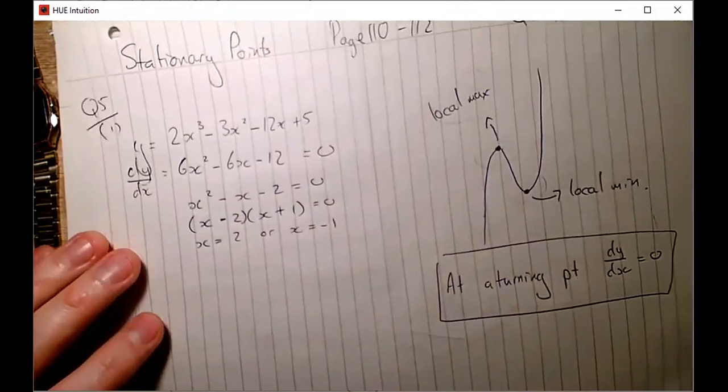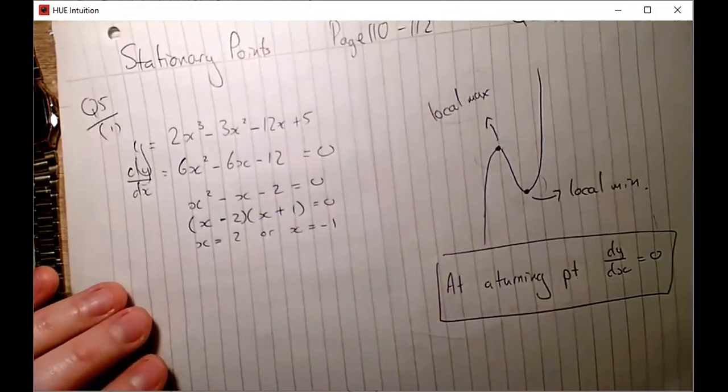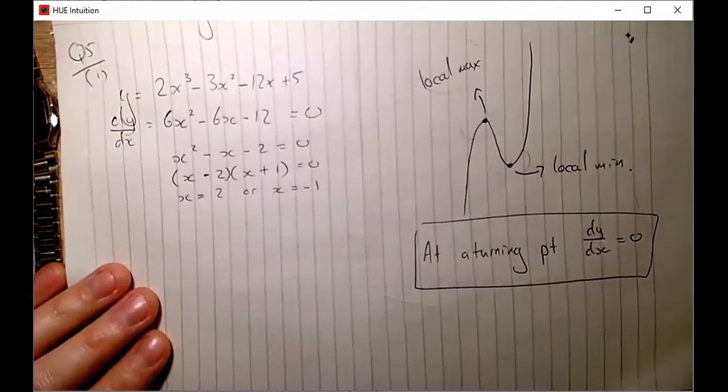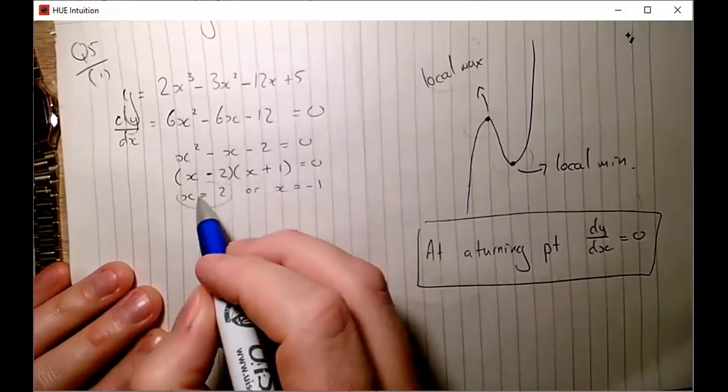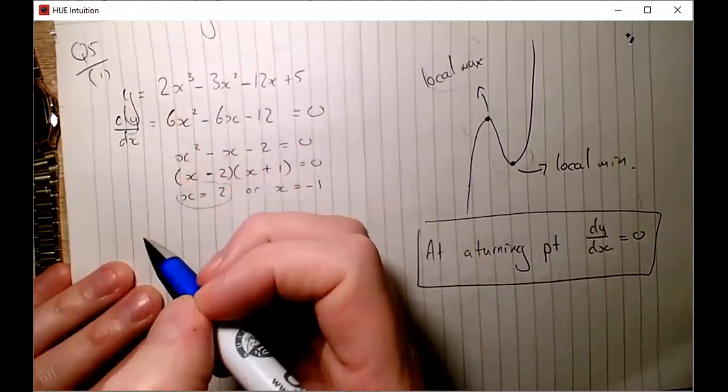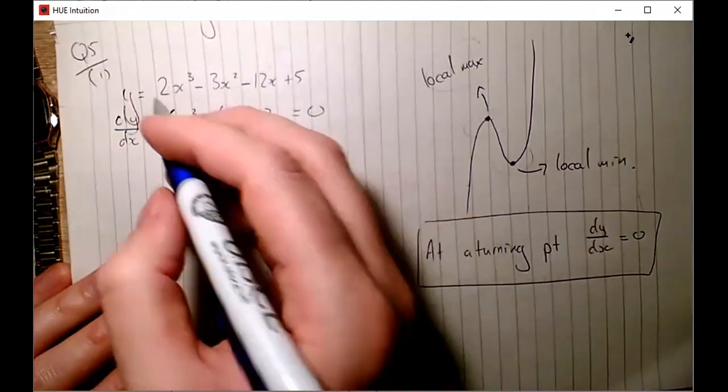And we saw that in our graph. x is 2 here, which gives us one of our turning points, and x is minus 1 here, which gives us the other turning point. We find our y values by plugging these into the function. I know if I plug a 2 in here, from GeoGebra, I think I'm going to get minus 20 out.